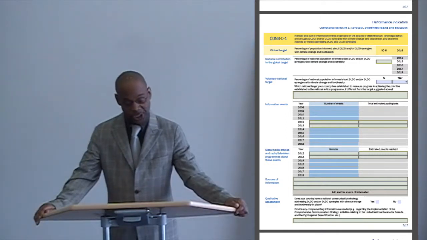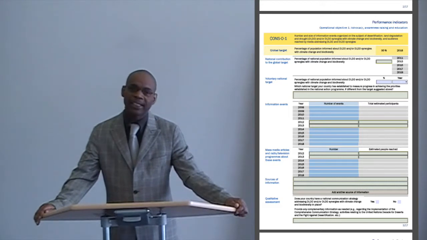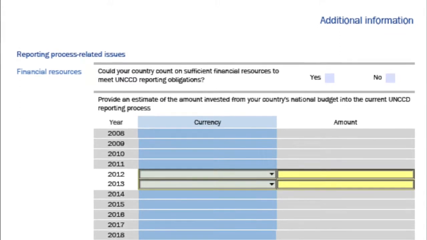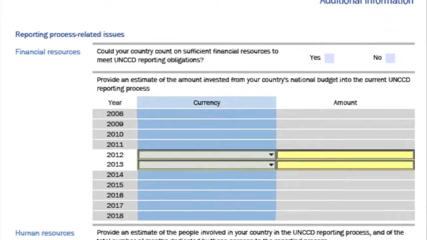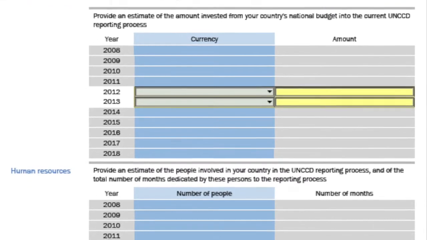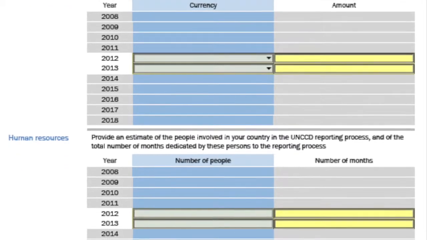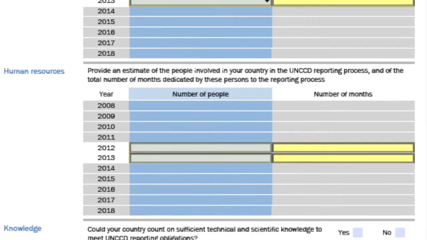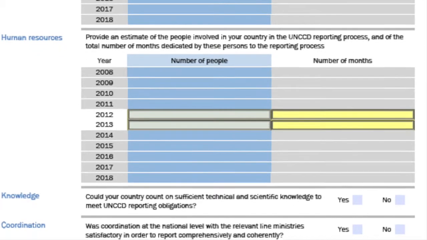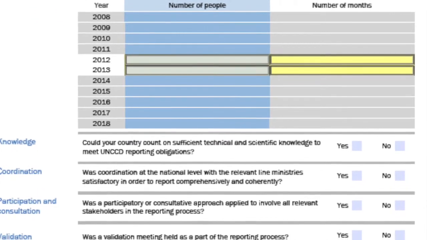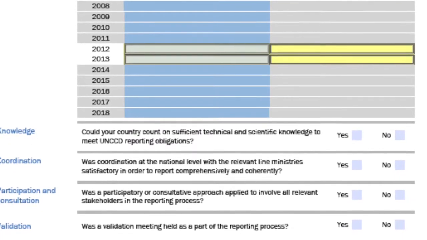And then there's a section on additional information. What this is really concerned with is financial resources, human resources, scientific and technological knowledge that you may need for the reporting process. In other words, the things that you additionally think are important, in particular as regards resources, to effectively carry out the reporting process.